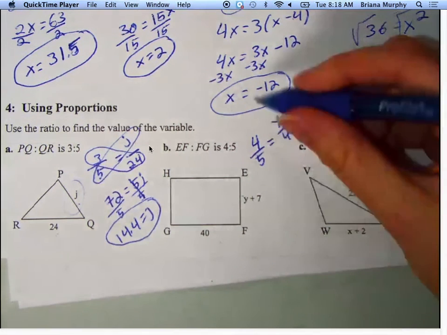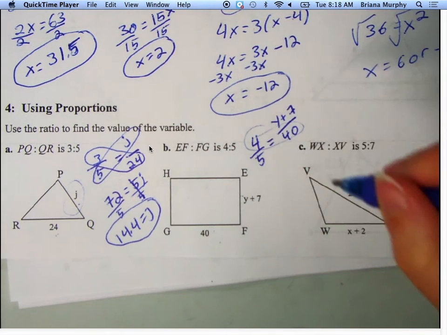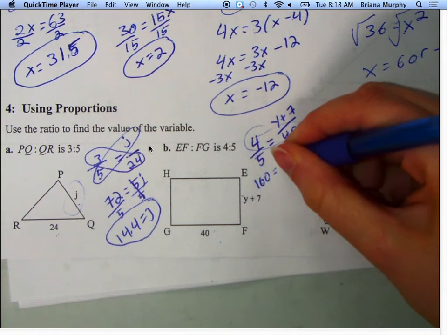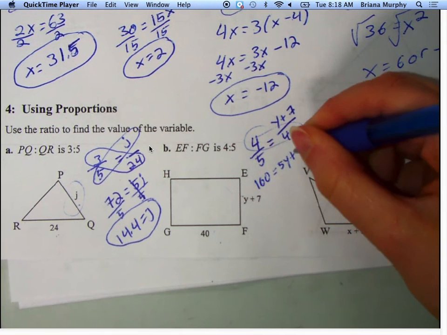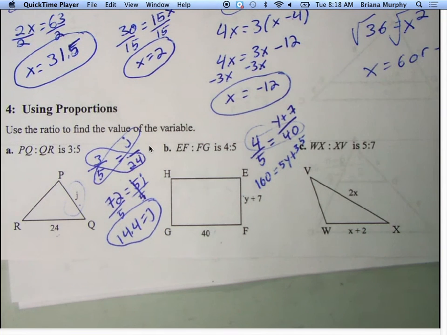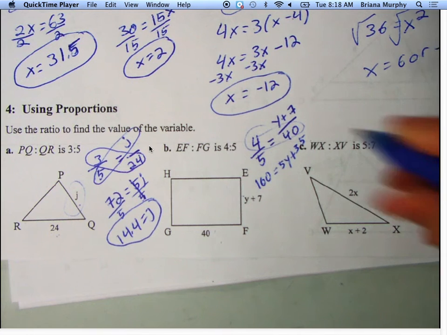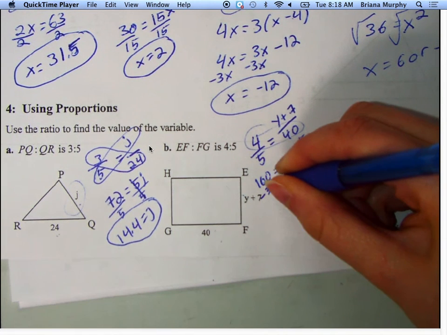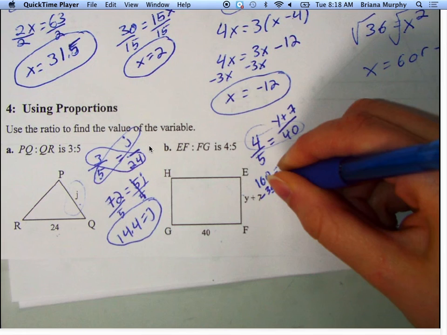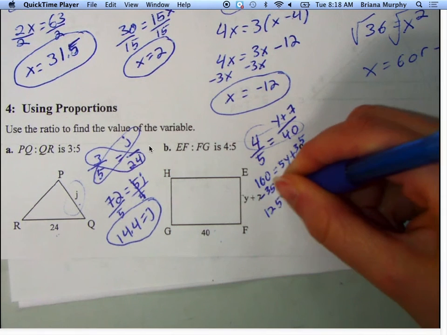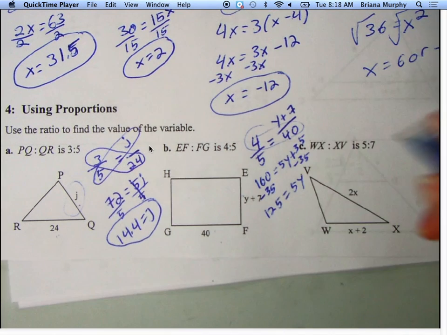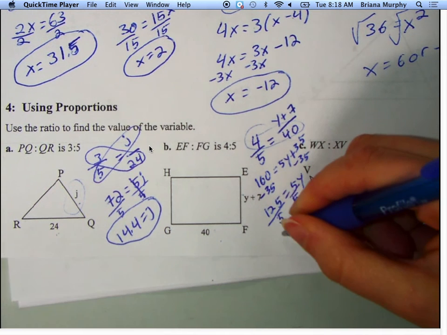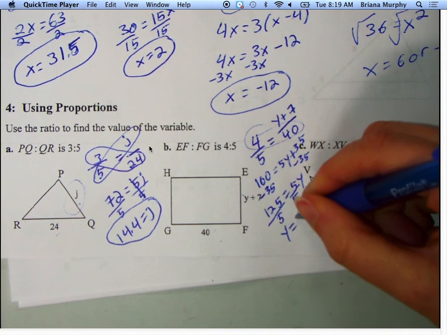So 4 times 40 is 160, equals 5y plus 35. If you want to distribute right away, that's fine. So we're going to subtract 35. And I get 125 equals 5y. Divide by 5. Y equals 25.